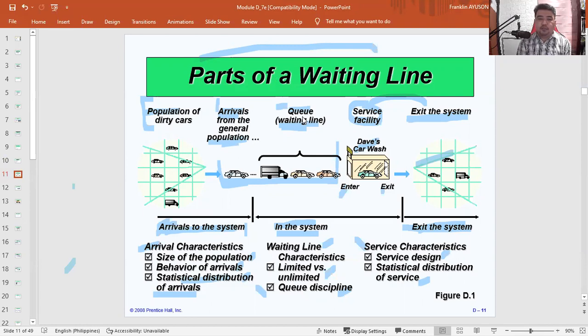So what I mean to say is, if you do not have any idea or rate of computation in which we can understand the probability that, for example, a certain day in a week will have more arrival from the general population entering our system, our queue lines, and our facilities, we might end up with a chaos.